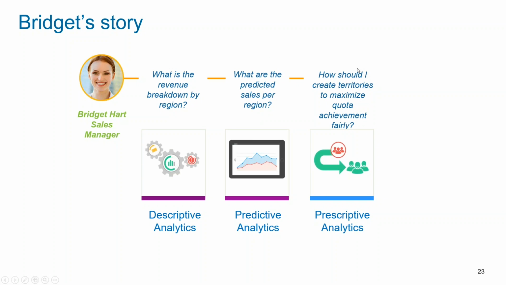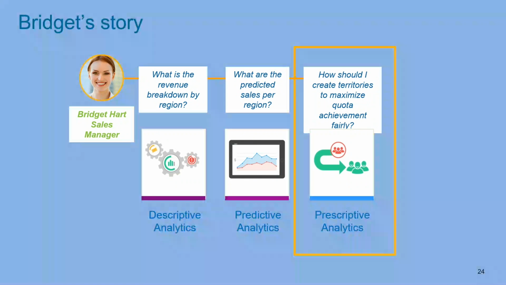So it's going to predict the sales. And when you do prescriptive analytics, the problem is: how should I create territories and assign them to the salespeople to maximize my quota? Okay, so you have a complete view of a specific problem that can be applied for pharmaceutical, electronics, in the sales type of problem.